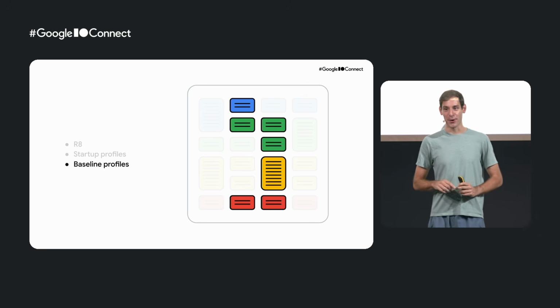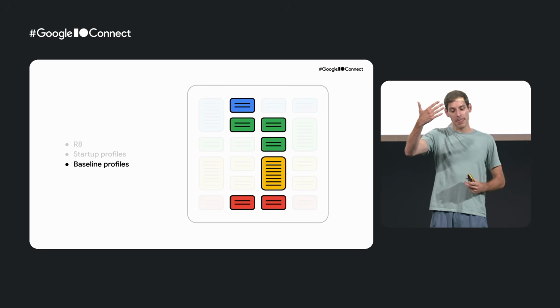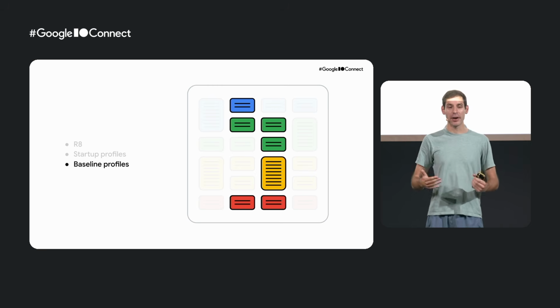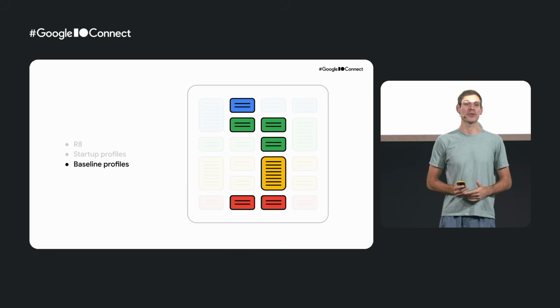Finally, baseline profiles. This is a mechanism for the Android runtime to learn about some hot paths in your code so that it can decide to compile it ahead of time, meaning at app installation, rather than at app startup as just-in-time compilation.